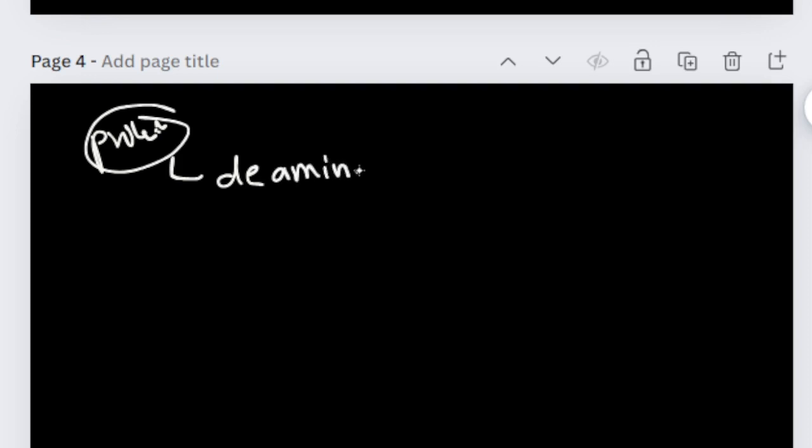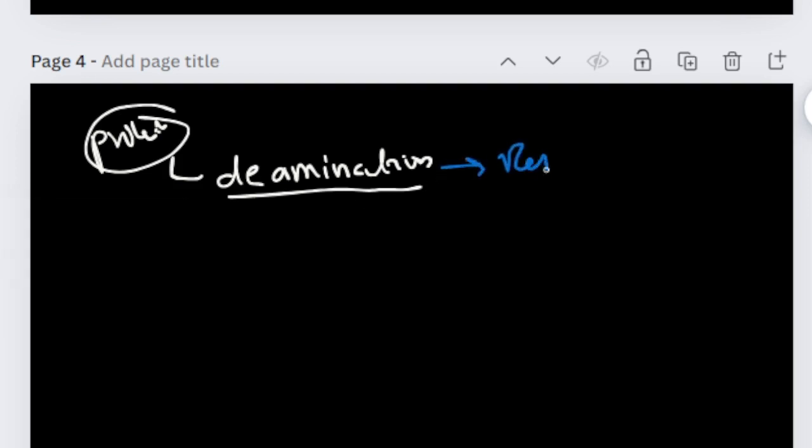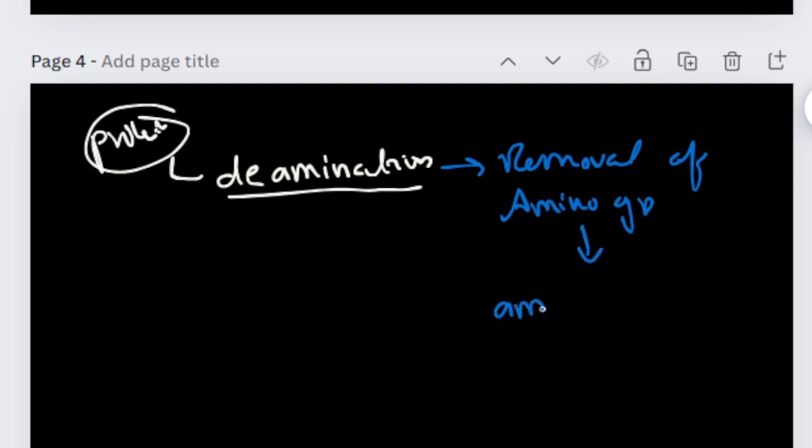Deamination: what happens in deamination? The removal of the amino group. You simply have to remember that it is the removal of the amino group, producing ammonia.